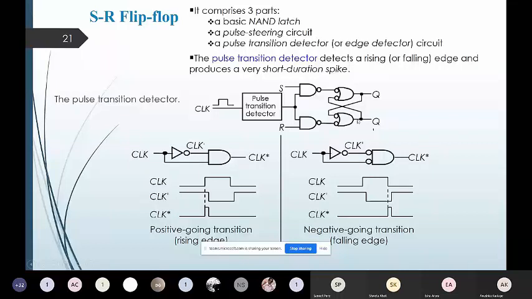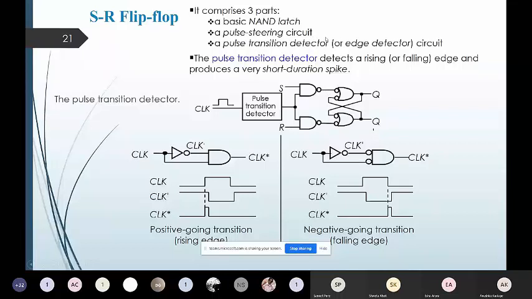It gives direction to the input, that is, whether it has to be transferred towards the output or held for one clock period until the change in the clock edge happens. That decision is taken by the pulse steering circuit.